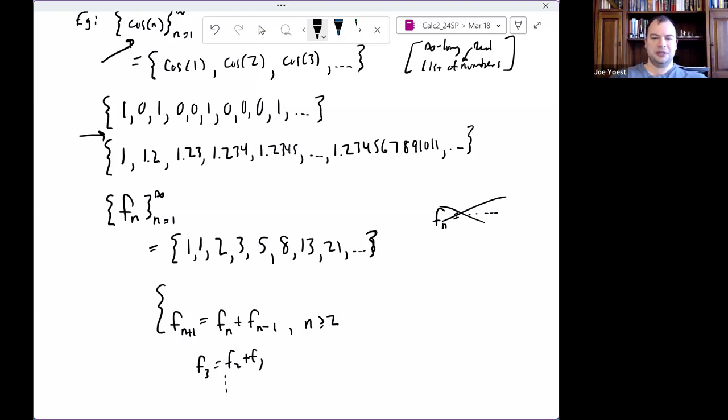So in any recursion, we have the recursive bit here, which is the part that we mainly focus on. It's the part that does the interesting work, but no less important is the base case. I need to tell you how to find f1 and f2, right? I need those to get the thing started, and then the recursive case will take off from there.